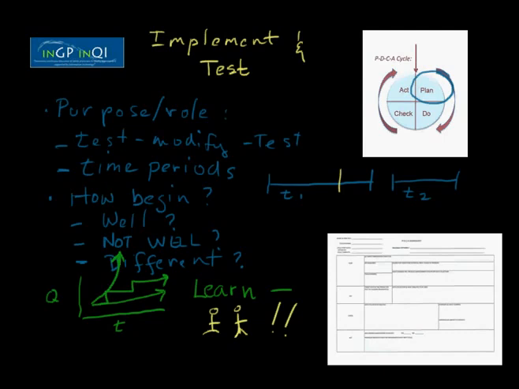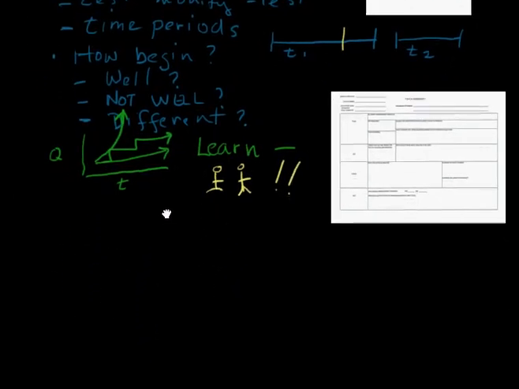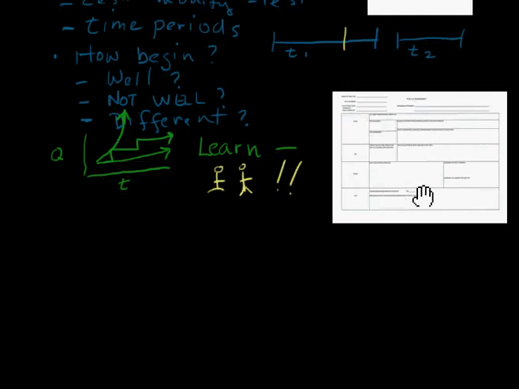So that's the PDCA cycle, the one piece that we're going to look at. Now, let's take a look at the form itself. And for this, I'm going to suggest to you that there are three critical areas on the form. The first area is the normative information.